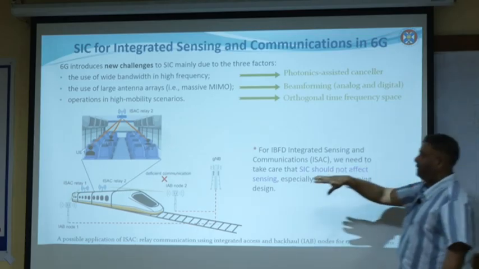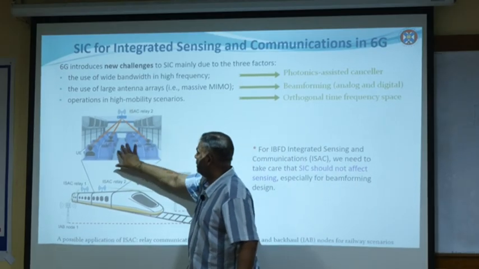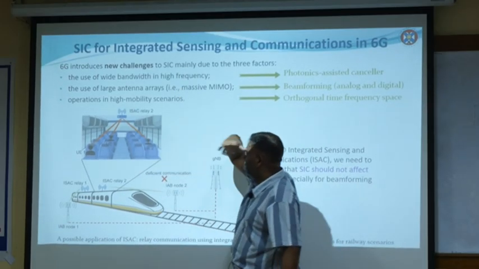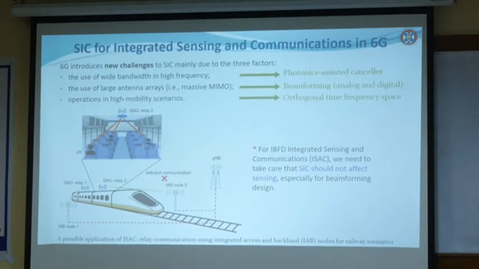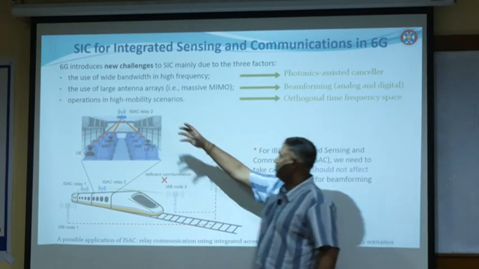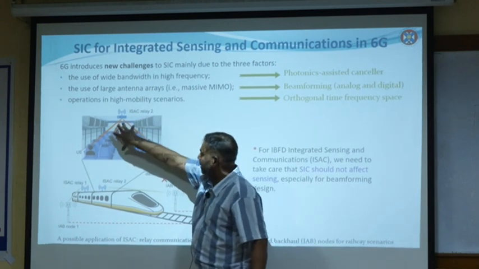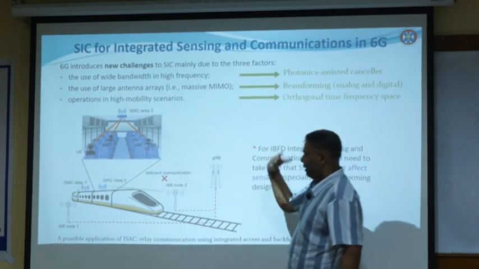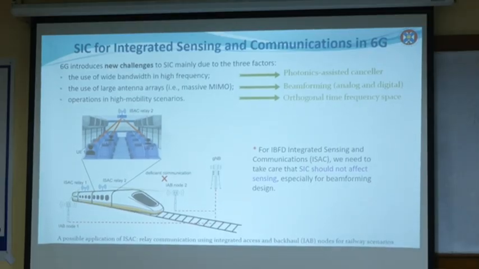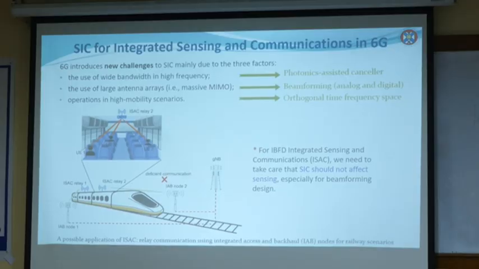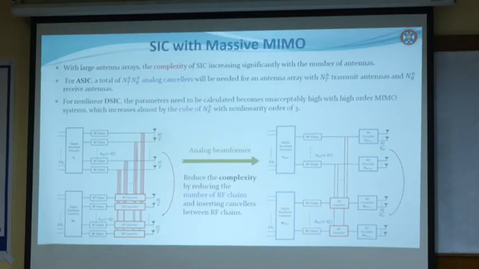Access is serving the user, and it will also connect to the base station through wireless backhauling. So the same frequency and time resources are used for backhaul and access by using in-band full duplex. This is a nice scenario for in-band full duplex. And anyway, I think I will stop here.